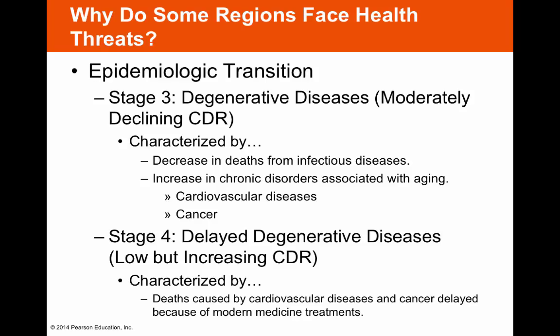So we have a decrease in deaths from infectious diseases. It's not so much about diseases like cholera or smallpox or things that people spread to each other, but more about chronic diseases. These are diseases associated with aging, diseases you get due to longevity.